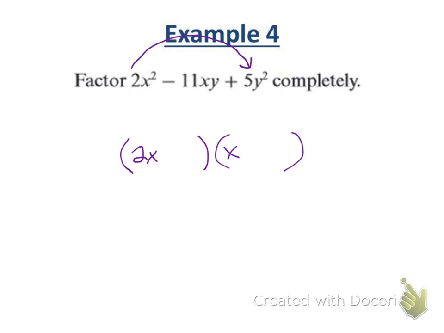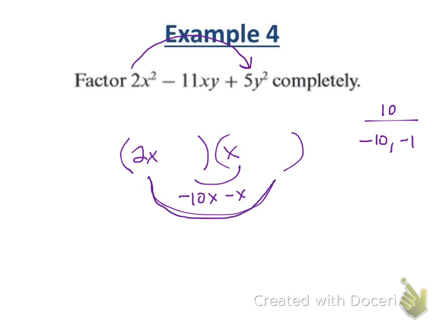2 times 5 is positive 10. What are the factors of positive 10 that add up to be negative 11? Negative 10, negative 1, which means these two products have to be negative 10x and negative x. So then it becomes pretty clear what to do from there, right? 2x times what?